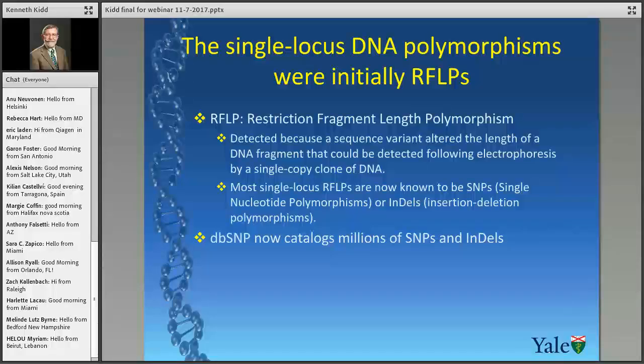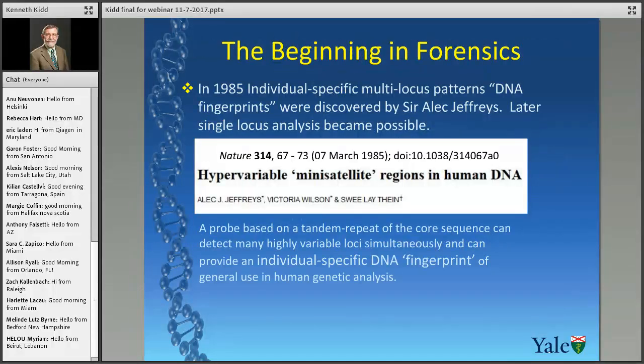It's now known that most of those were SNPs, single nucleotide polymorphisms, and some of them were insertion deletions. Compared to the 1980s, dbSNP now catalogs millions of SNPs and indels.